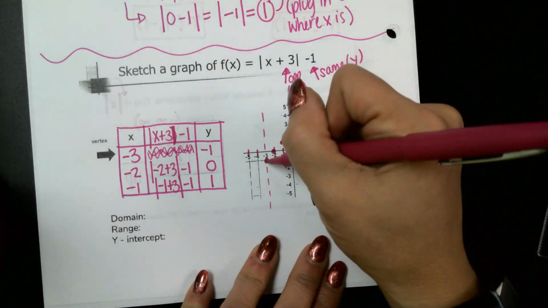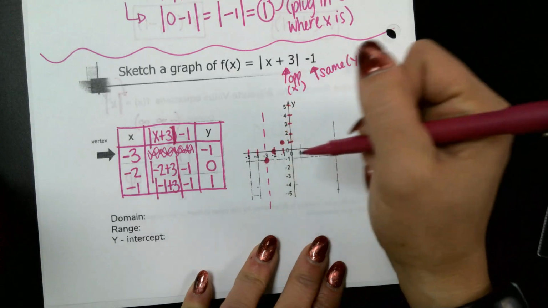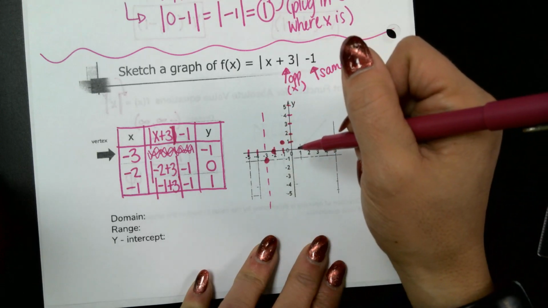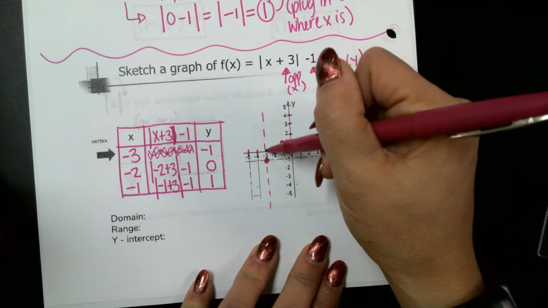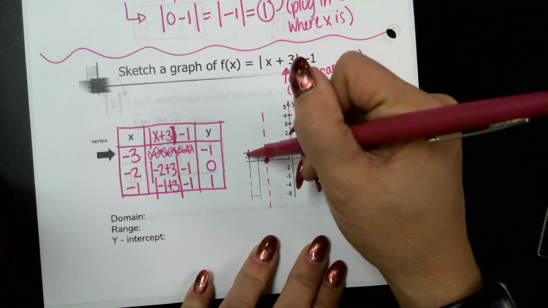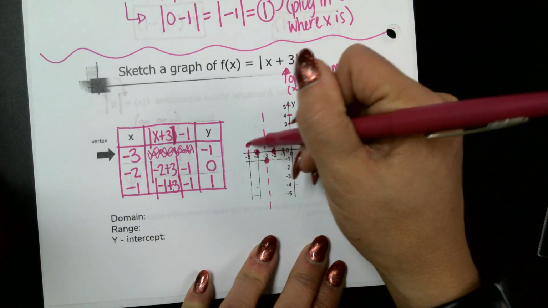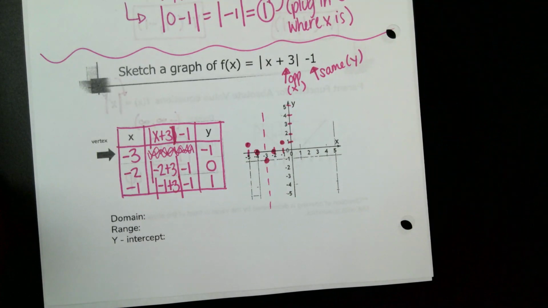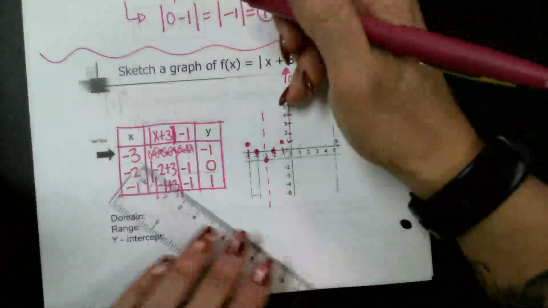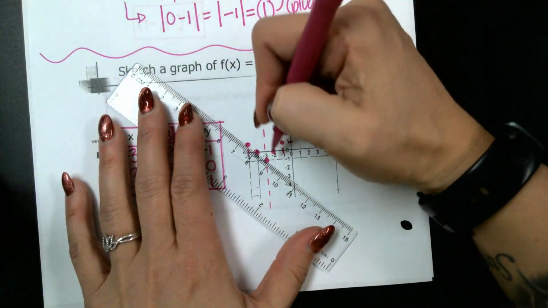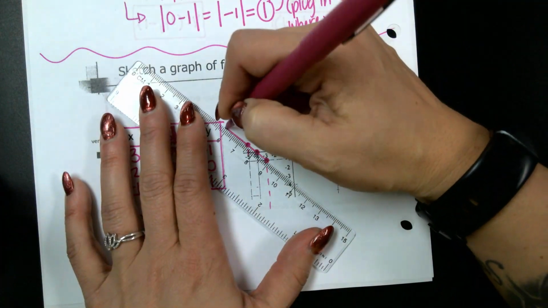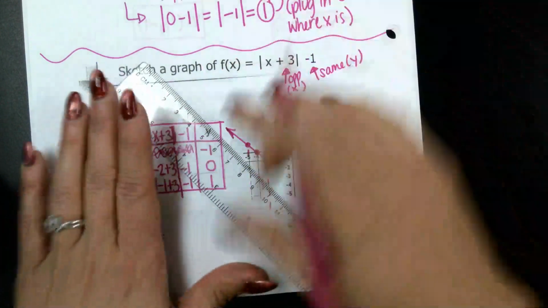Okay, so I've done the right side, so now I need to do the left side. And -5, 1. And then connect them.